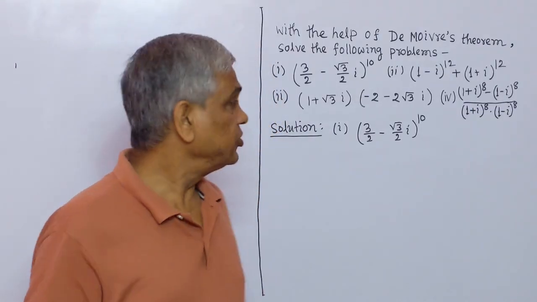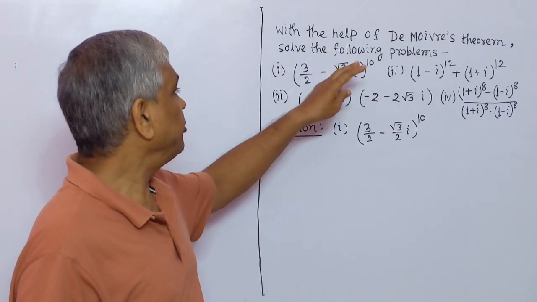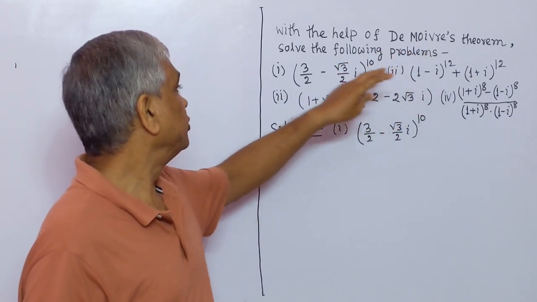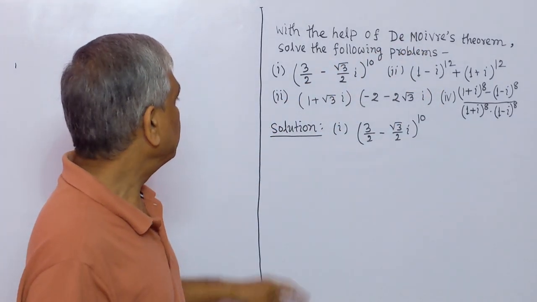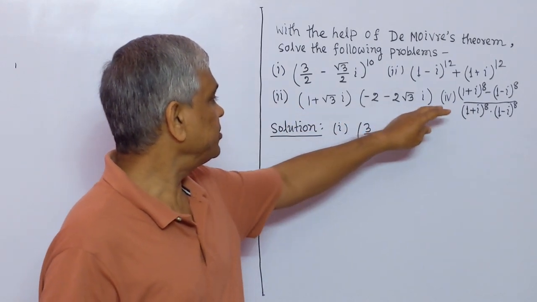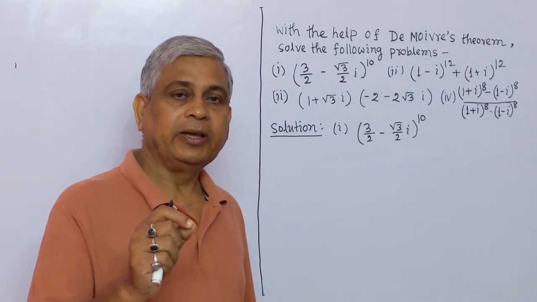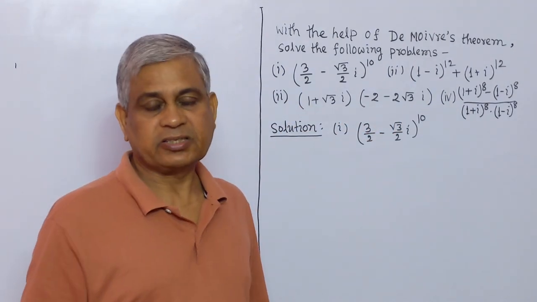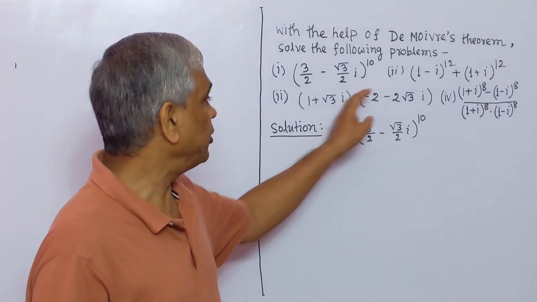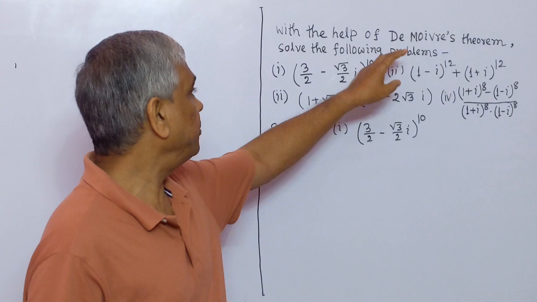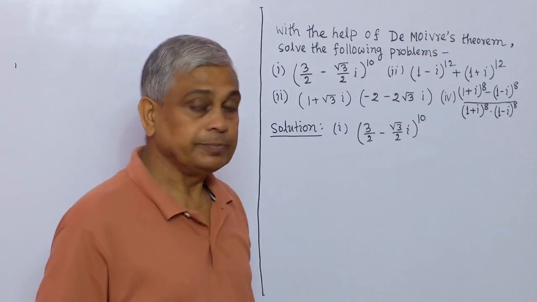Now, the question is, with the help of De Moivre's theorem, solve the following problems. Here we have 4 problems involving complex numbers. Now, we will have to solve these problems with the help of De Moivre's theorem.